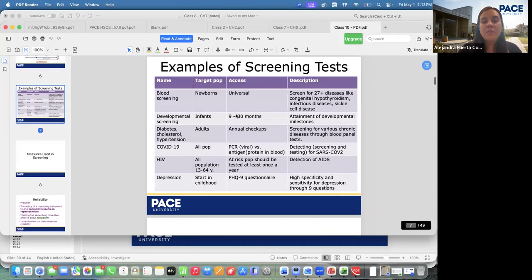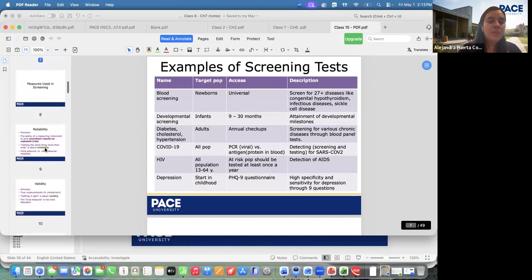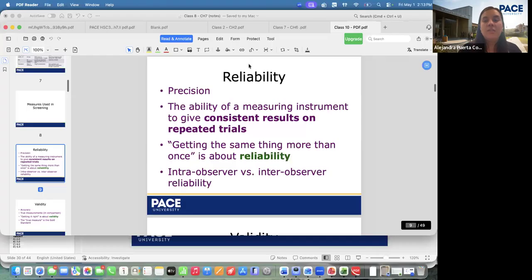Okay, different types of screening tests and measures used in screening. So reliability. Remember, reliability, synonym precision, right? So I want the test or the instrument to give me consistent results. I want them to be accurate, yes, but I want them to be always the same.